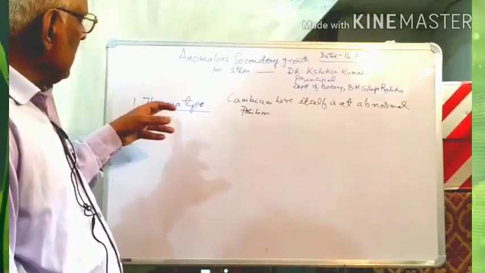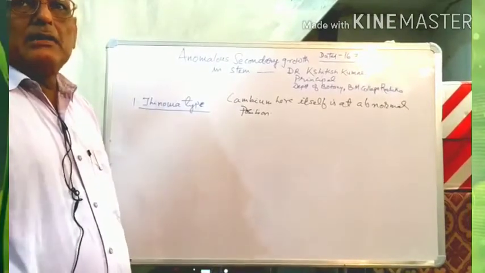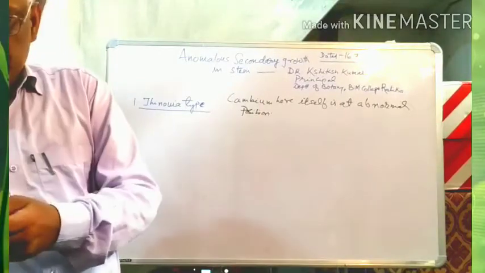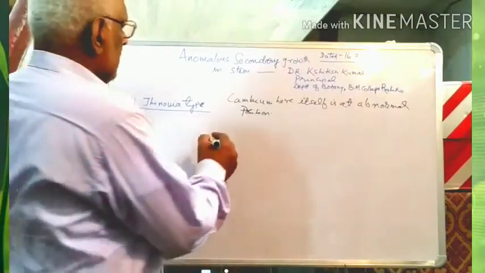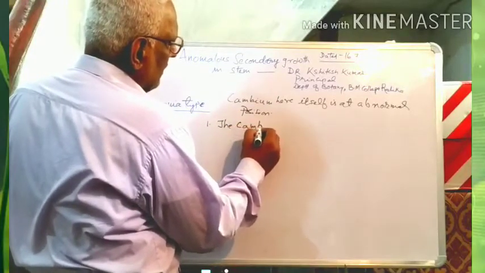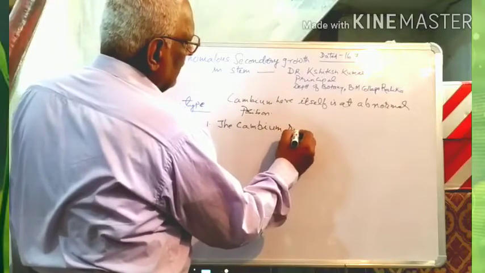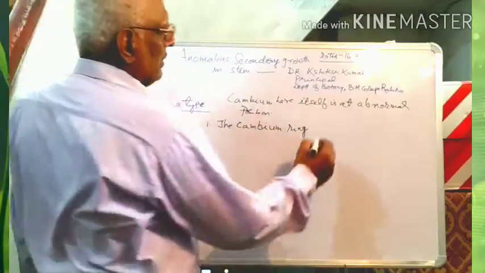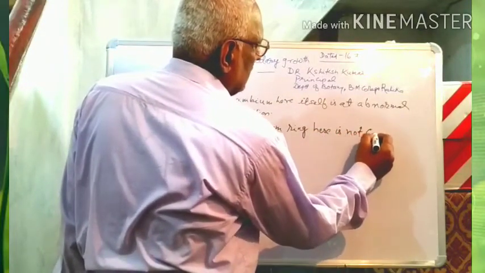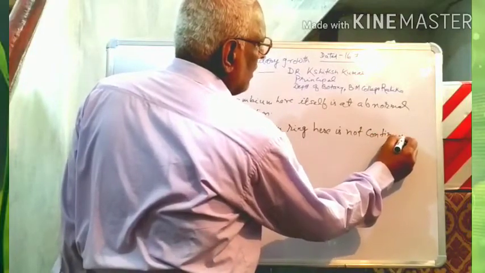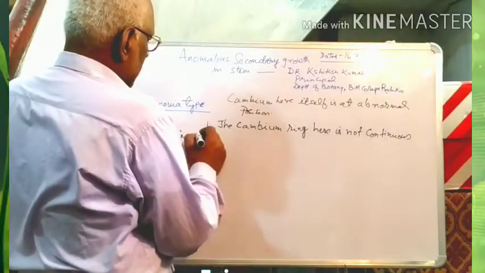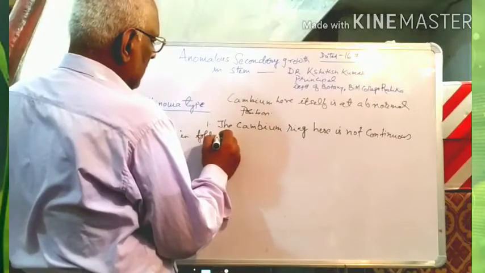The first is Thionia type. Here in the Thionia, the cambium ring is not continuous, but in folded appearance.